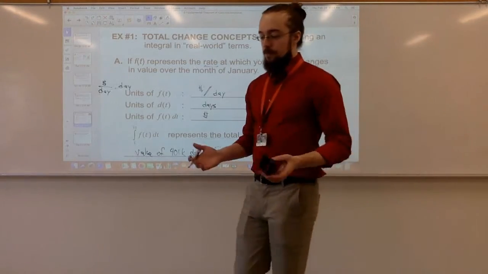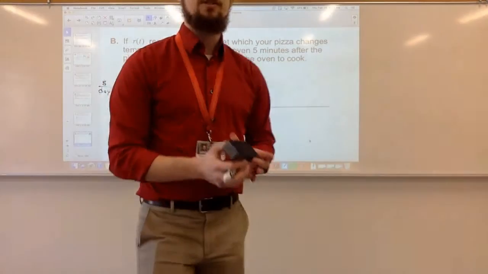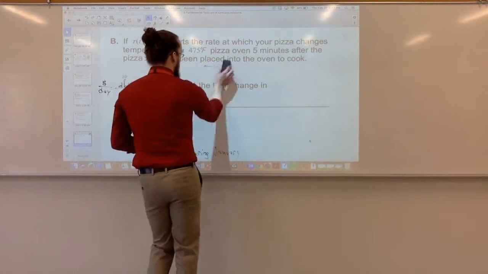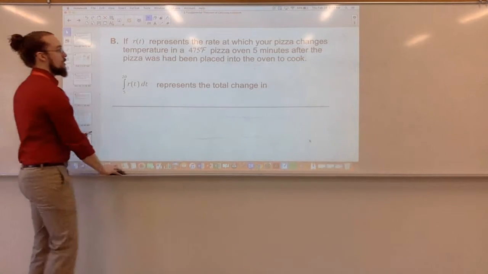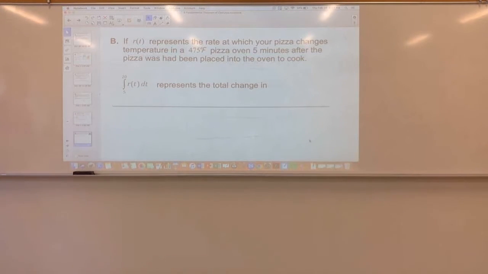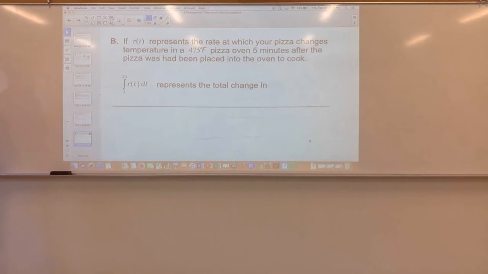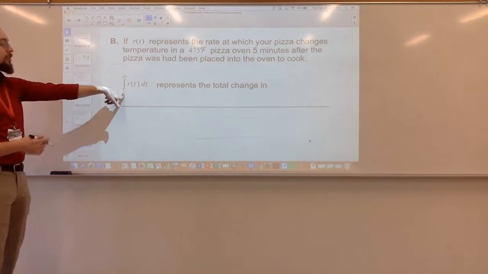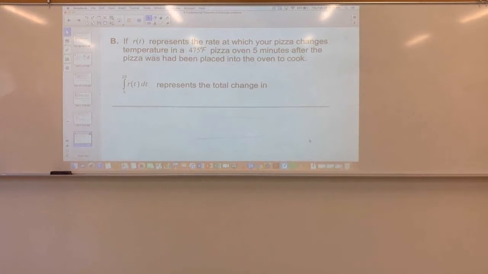Okay, so let's try a couple more of these real quick before we try some examples of an actual function. Here we're saying r of t represents the rate at which your pizza changes temperature in a 475-degree oven 5 minutes after the pizza had been placed in the oven to cook. So if we look at the integral, we're starting at 5 and ending at 20.